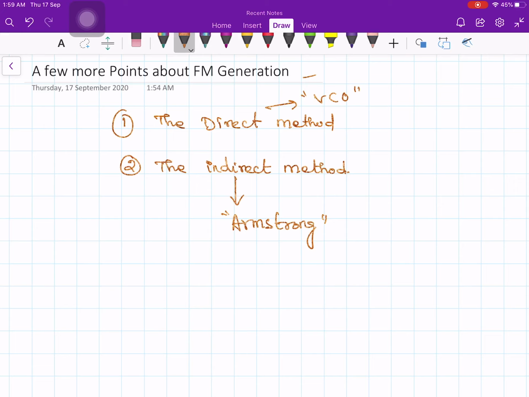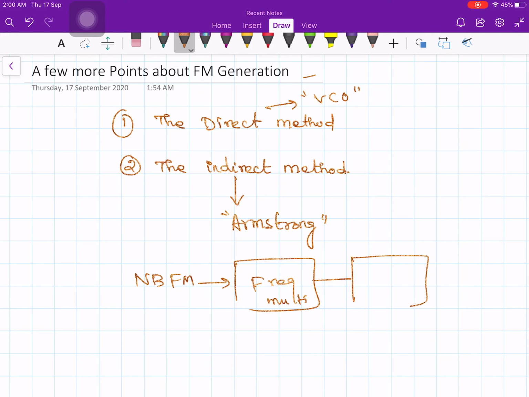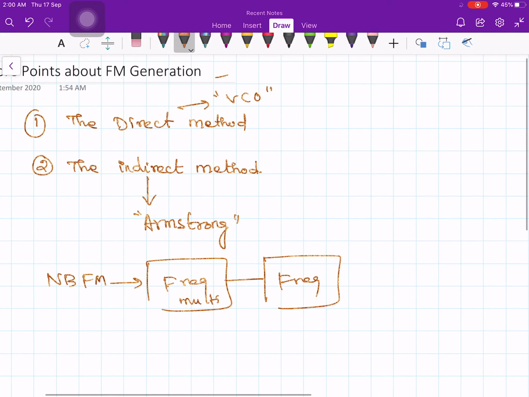We looked at a typical commercial design for an FM transmitter, in which we have to choose a narrowband FM first, and then initially we have to make a narrowband FM generator, followed by a frequency multiplier, and then a frequency translator, and later one more frequency multiplier.